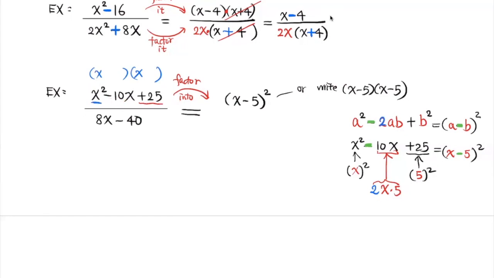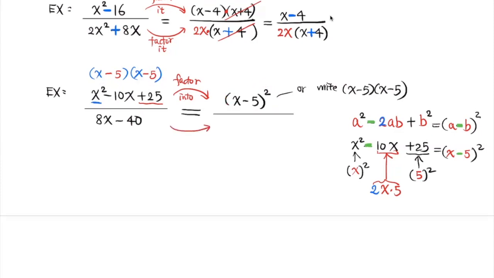So the two numbers will be negative 5, negative 5. Negative 5 times negative 5 is positive 25. Negative 5 adding negative 5 is negative 10. So we factor into x minus 5 times x minus 5. When the two factors are the same, we unite them together and write it as a perfect square, like this.